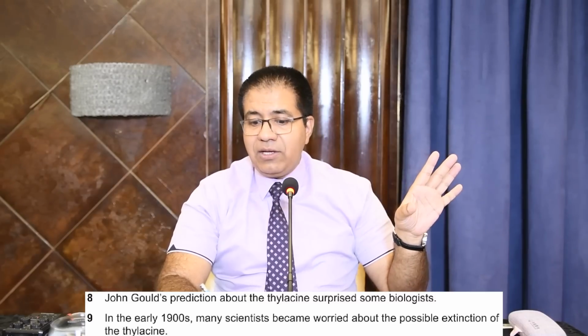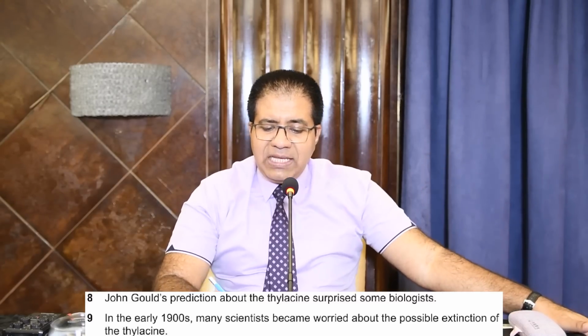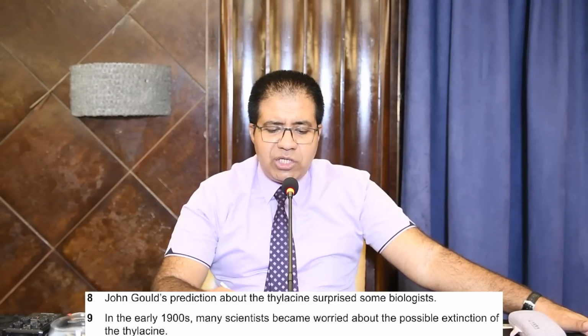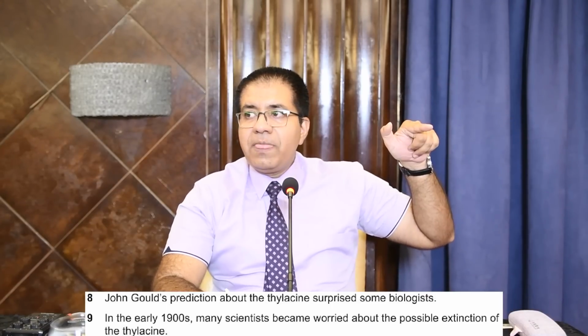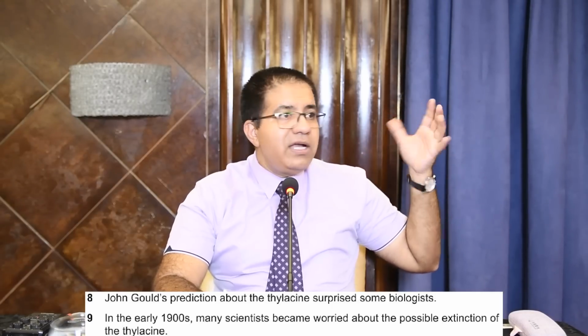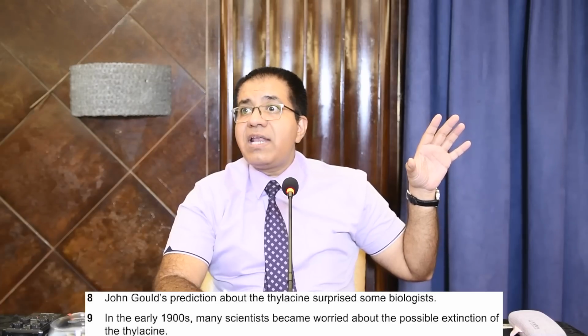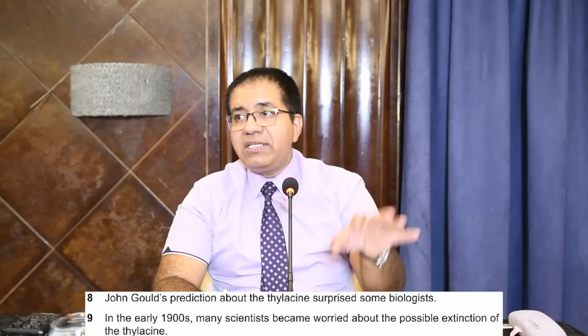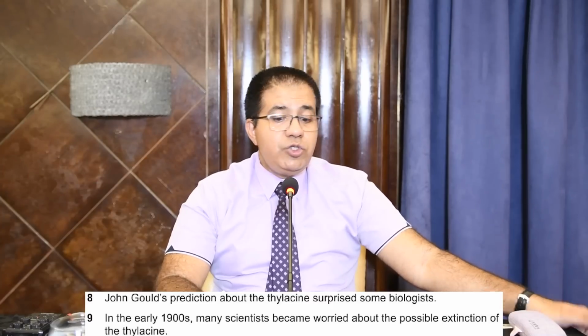Both have the same meaning. Now, if many scientists became worried about the possible extinction of thylacine in 1900s, answer is true. If scientists were not concerned, what does it mean? They did not worry or they were not worried, then answer is false. And if they don't tell us whether scientists in early 1900s were concerned or not, then answer is not given.